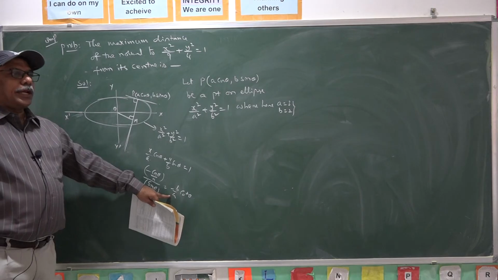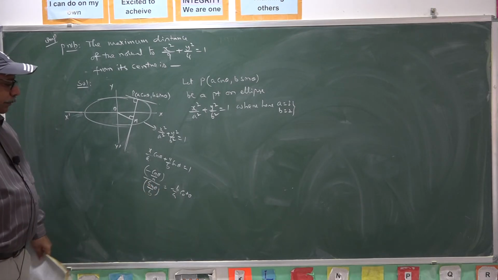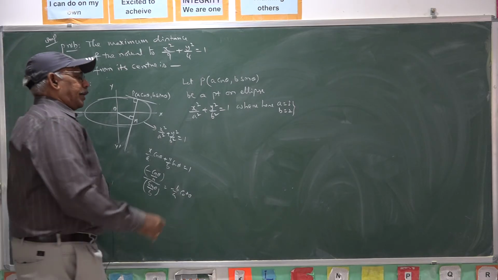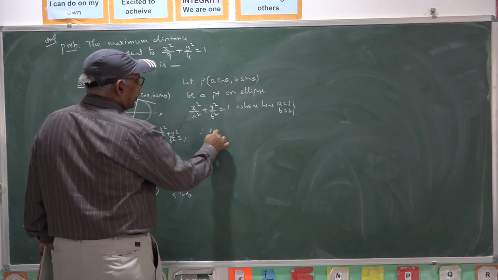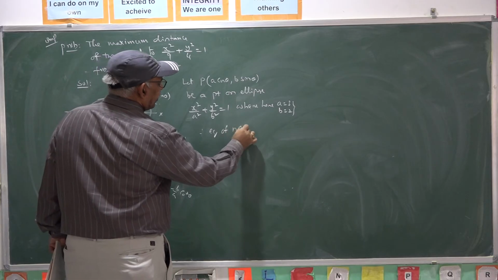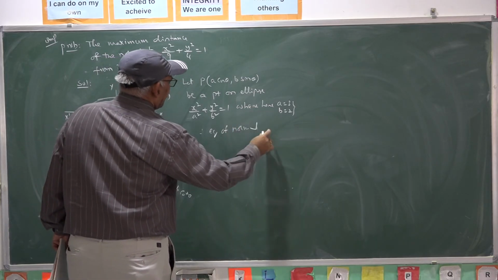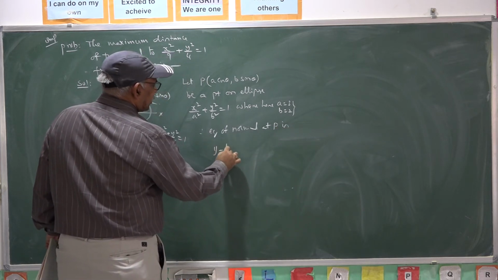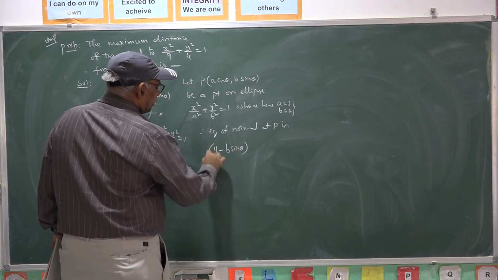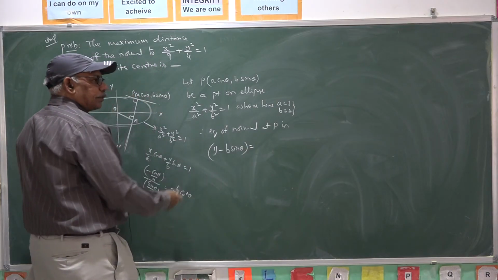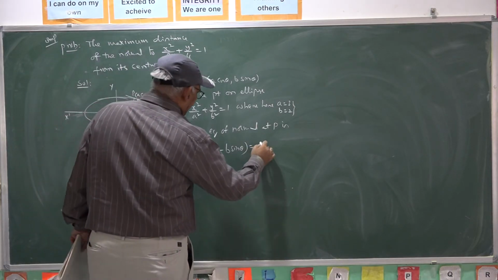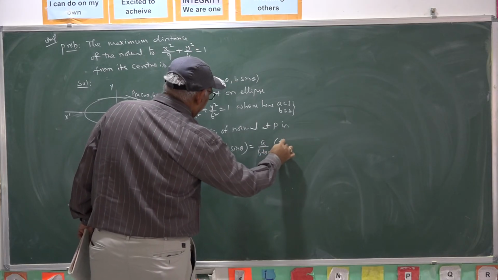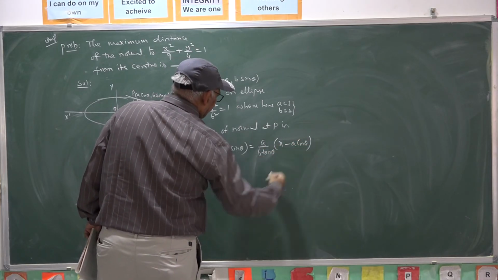Once the slope of the tangent is minus b by a cot theta, the slope of the normal can be obtained. Therefore, the equation of the normal at P is y minus b sin theta equal to the slope of the normal, which is the reciprocal of this, a by b tan theta, into x minus a cos theta.